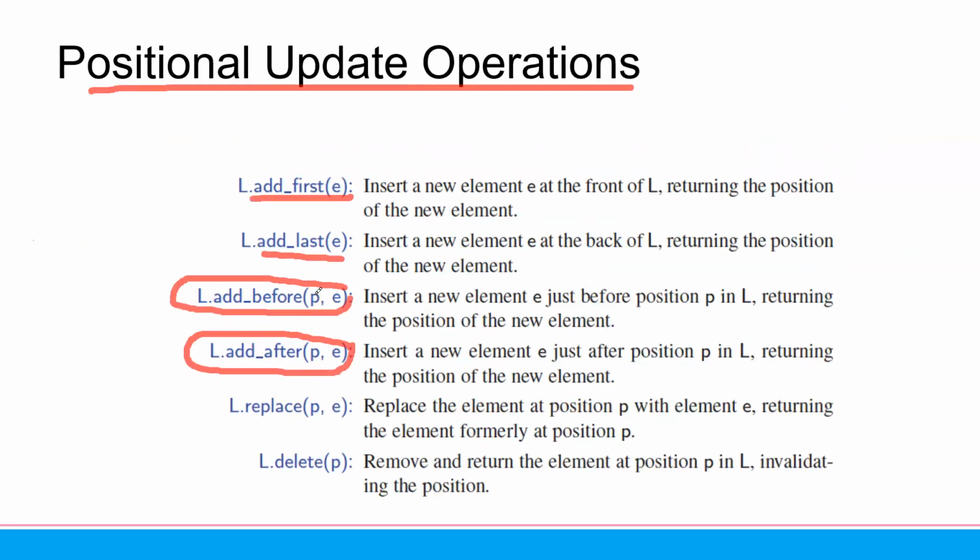Add before means I want to add the element E before P. Add after means I want to add the element E after P. And then I can replace the element with E, and it will return the element formerly at position P. And then I can delete P.